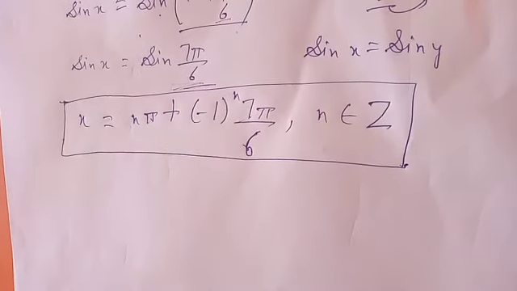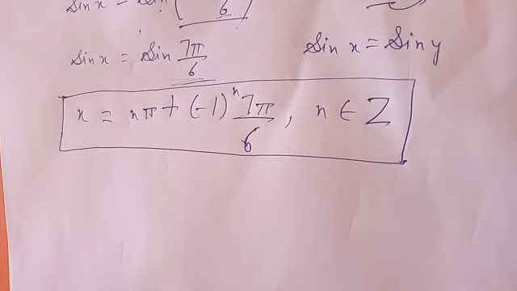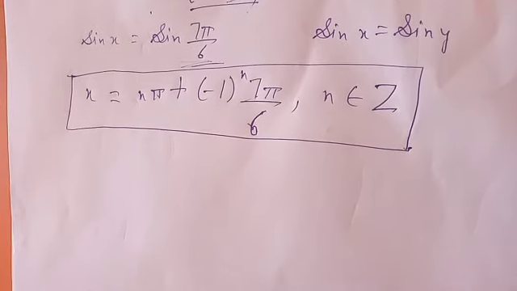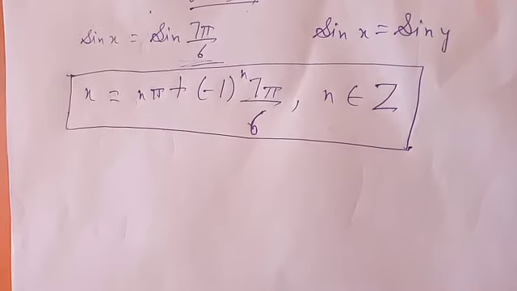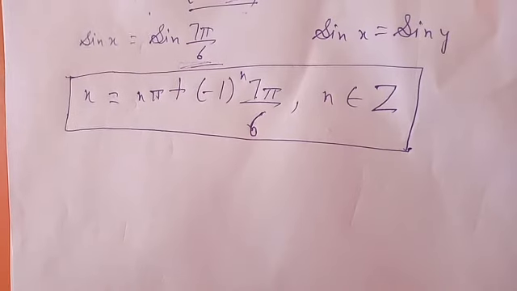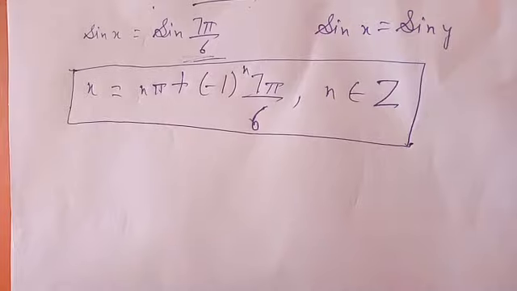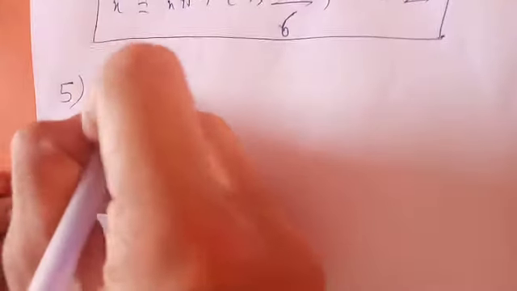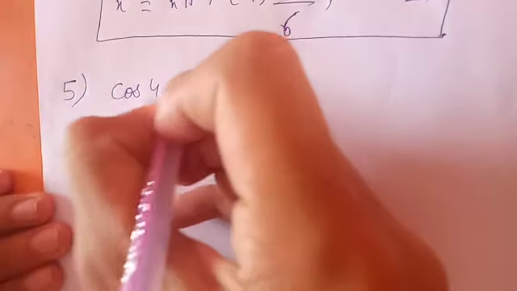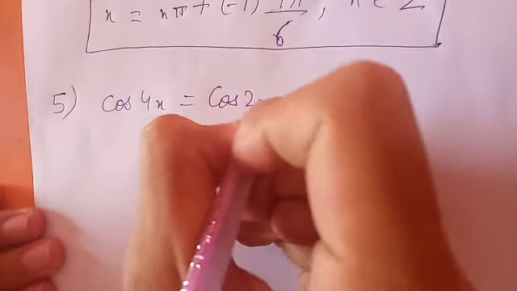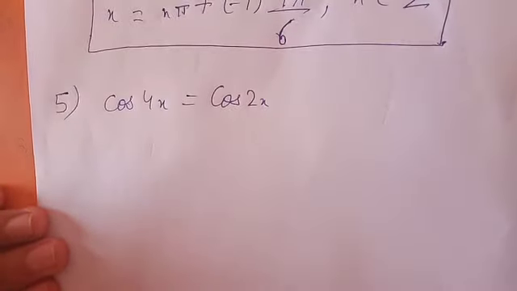Now if we talk about further questions, find the general solution for each of the following equations. In further equations we have to solve for general solutions. Under question number 5 is cos of 4x is equal to cos 2x. Its general solution we have to find.